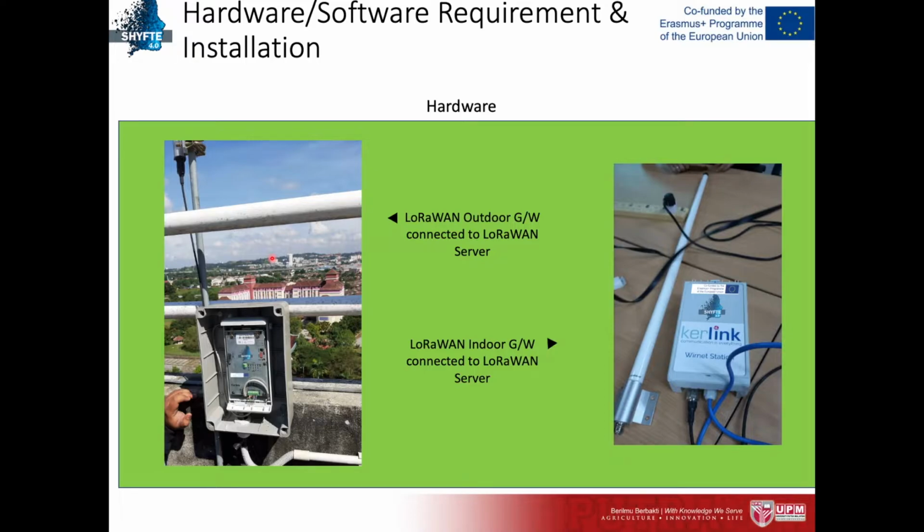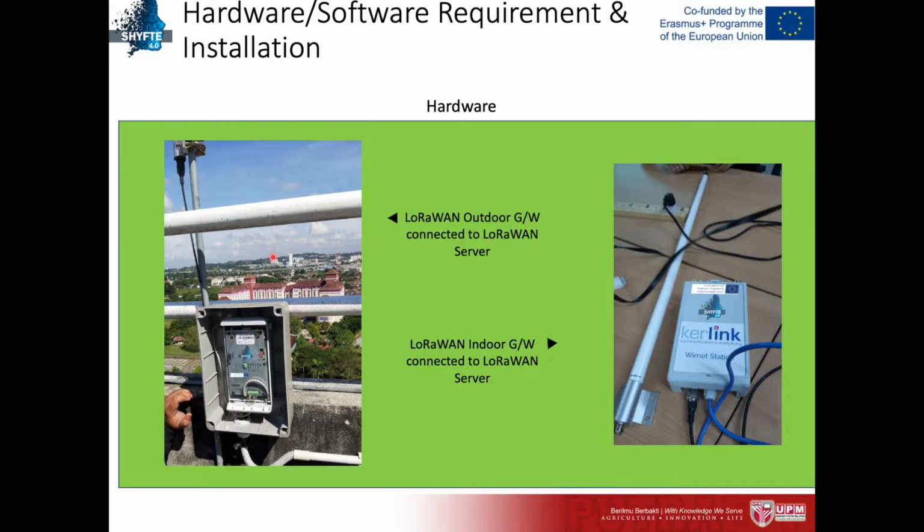Another thing you need to consider in the selection of a gateway is to select the appropriate antenna gain. You need to check with your regulation. For example, in Malaysia, we have the Malaysian Communications and Multimedia Commission.